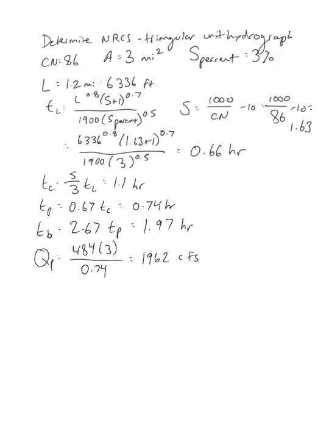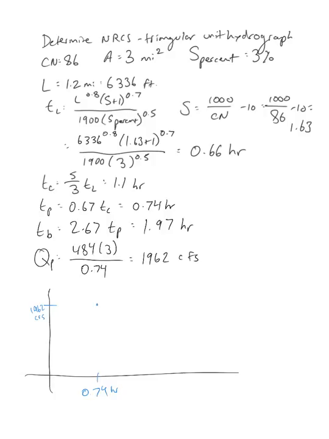So now I have everything I need. I can draw this out, where I'm going to go over my T sub P, which is 0.74 hours, and up my Q sub P, 1962 CFS.